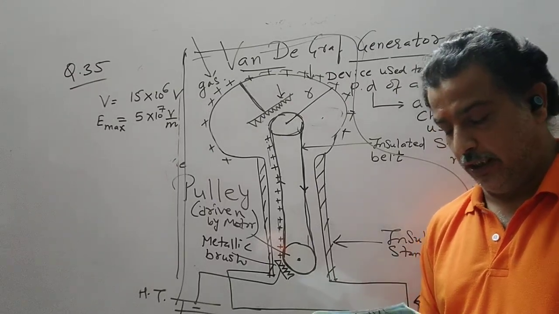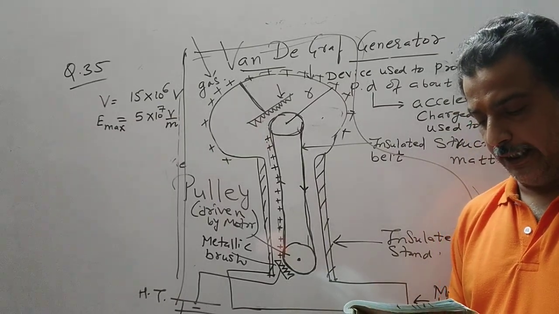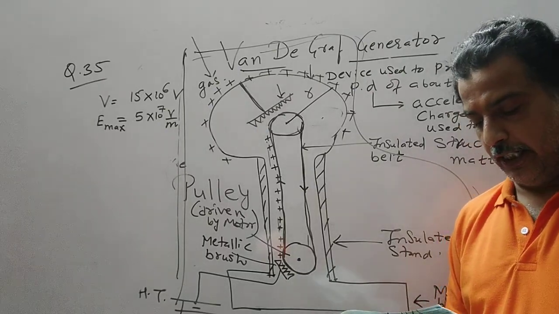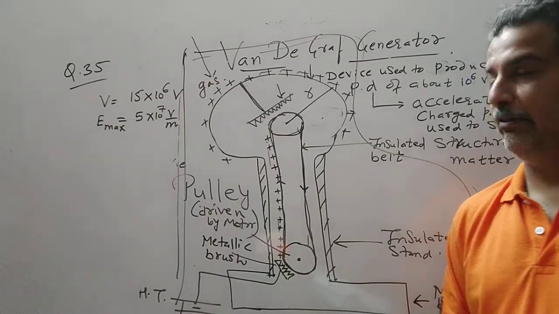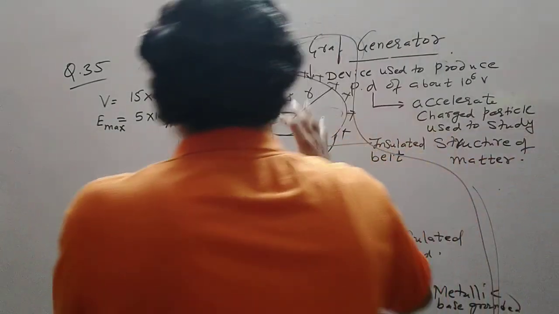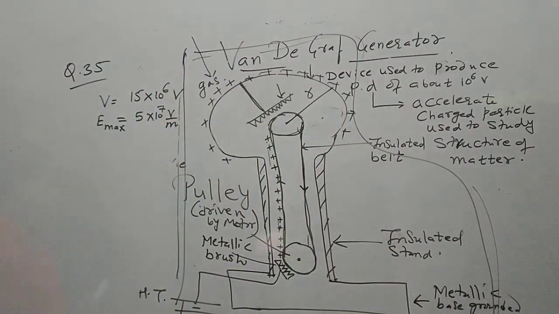I am reading the question: why can one not build an electrostatic generator using a very small shell which requires a small charge to acquire a high potential? So we will see how much minimum radius is required to have a potential of this many volts, not less than that.